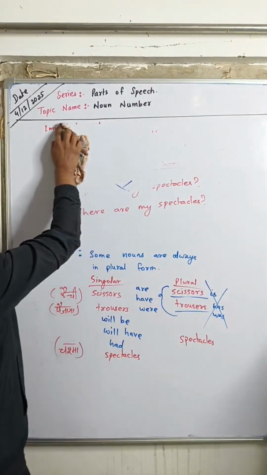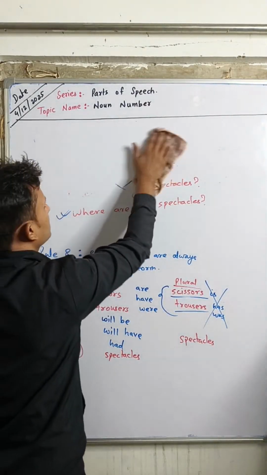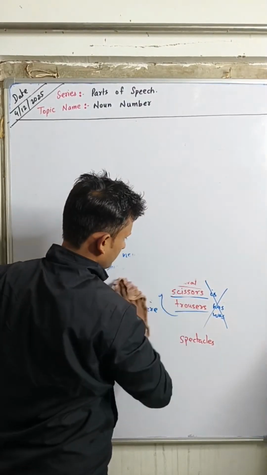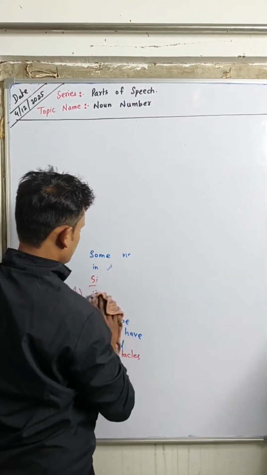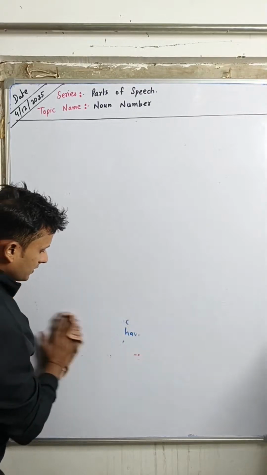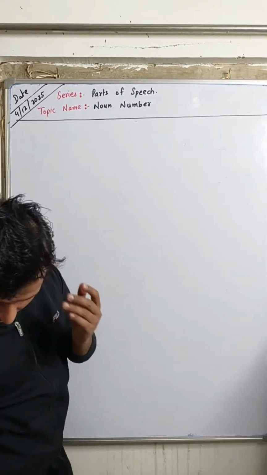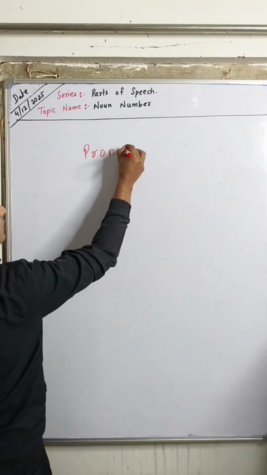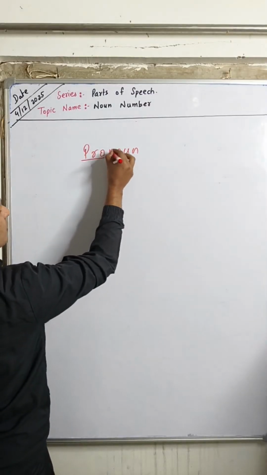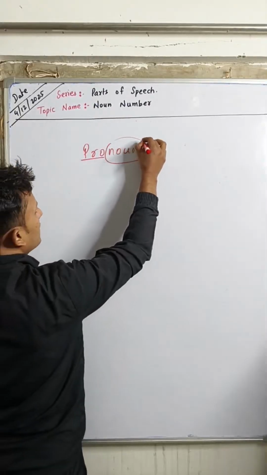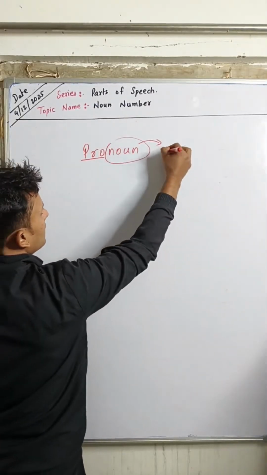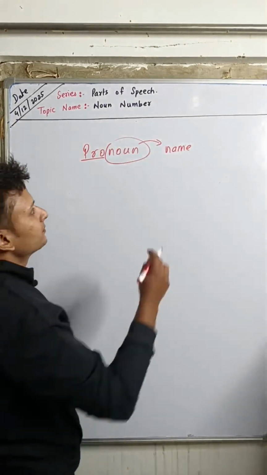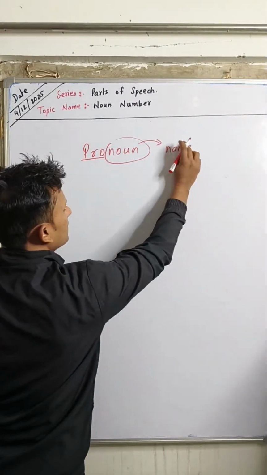So tomorrow we will learn about pronoun. So what is important in pronoun? As we know, pronoun has two words, pro and noun. We learned about noun. Noun means name, name of a person, thing, place or emotion.